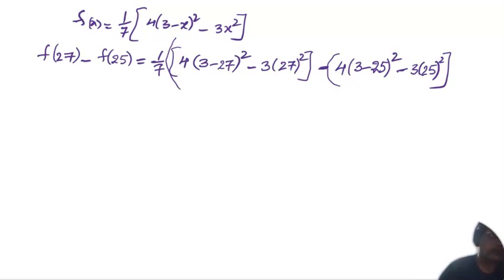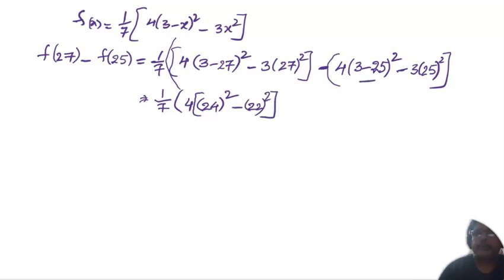So what will we get here? If you take common, 1 by 7 into 4, here we get minus 24 whole square minus 22 whole square, taking common.